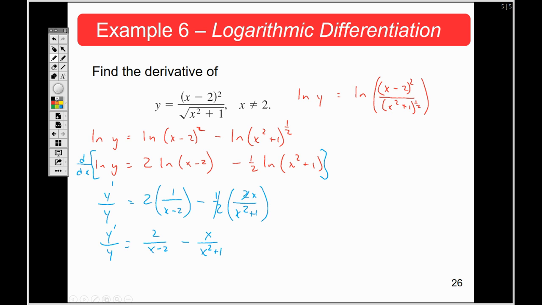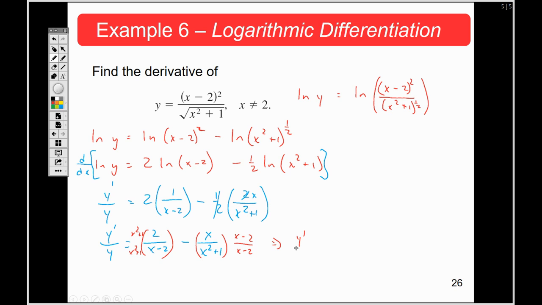And at this point, mathematicians generally don't like to leave a math problem to be done. We're going to find a common denominator and multiply this by x minus 2 over x minus 2 and multiply this by x squared plus 1 over x squared plus 1.